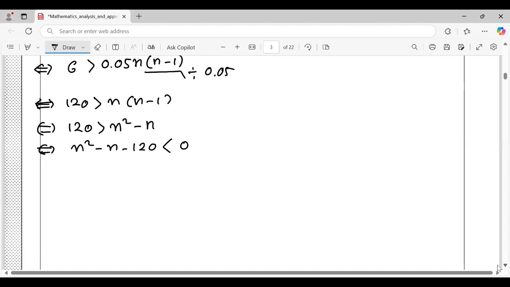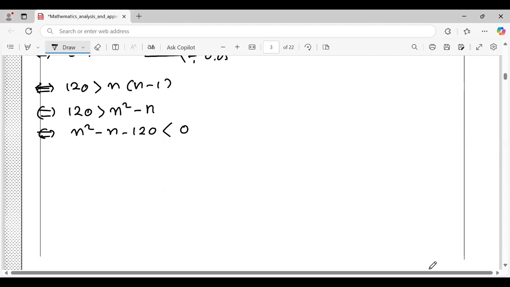It's an inequality. So we are going to find the values of n, so we first assume that n squared minus n minus 120 equals 0. A equal 1, B equal minus 1, C equal minus 120.